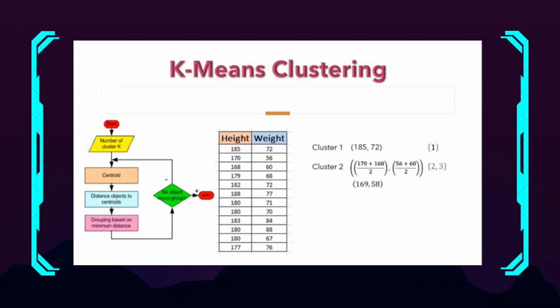169,58 for cluster 2. Now we will check whether row 4 will go to cluster 1 or cluster 2. Let's calculate the Euclidean distance for row 4 with both cluster 1 and cluster 2. For cluster 1, the square root of (179 minus 185) whole square plus (68 minus 72) whole square, that is 6.32.